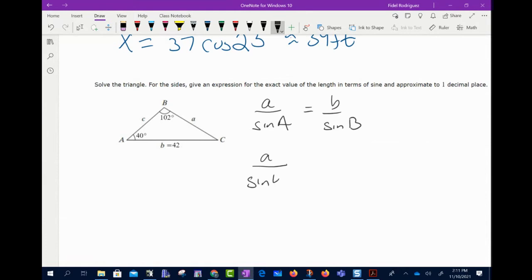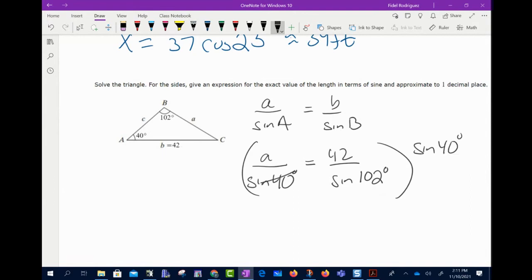So this is going to be a over the sine of 40 equals little b, which is 42, divided by the sine of 102 degrees, right? Okay, so now I'm going to multiply both sides by the sine of 40. So this will cancel out. So we're going to get a equals 42 sine of 40 degrees divided by the sine of 102 degrees.